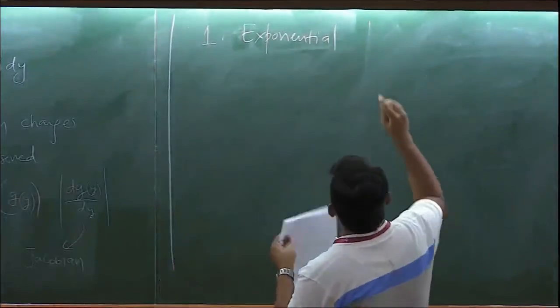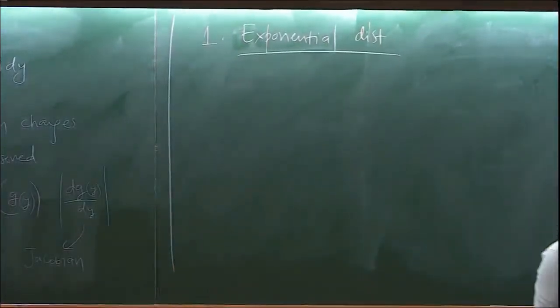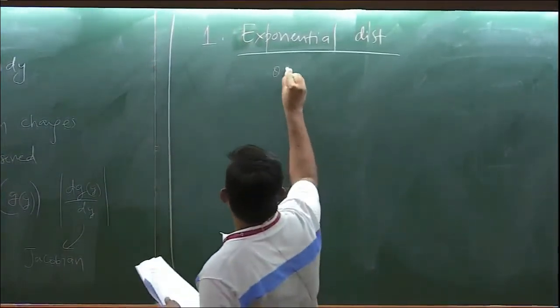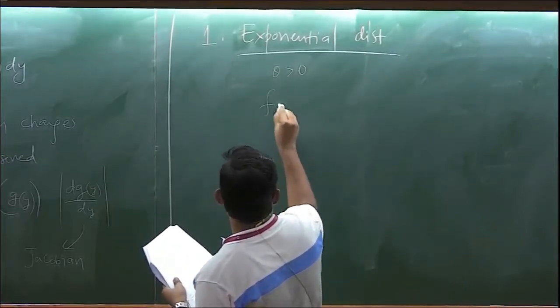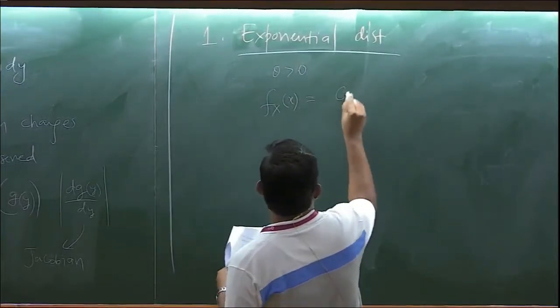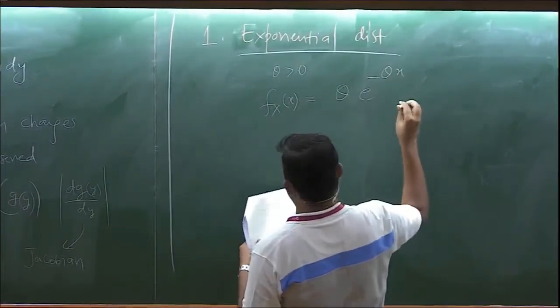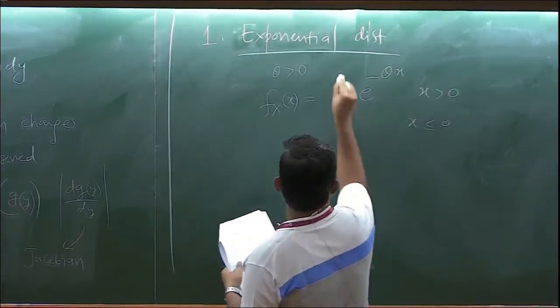Several examples, first among them being the exponential distribution. So given a theta, the probability of success theta, you define your variable, with the density for x greater than 0 and 0 for x less than or equal to 0.